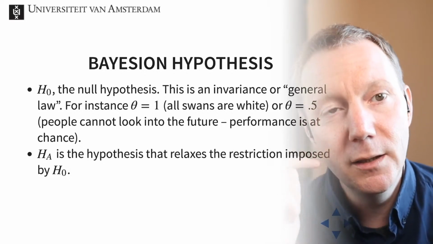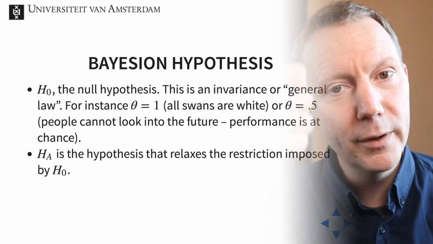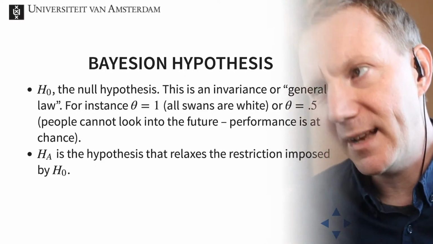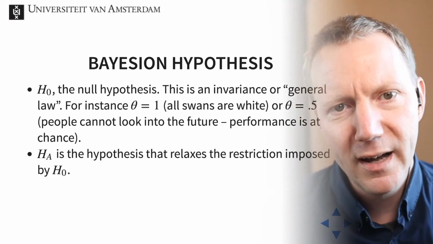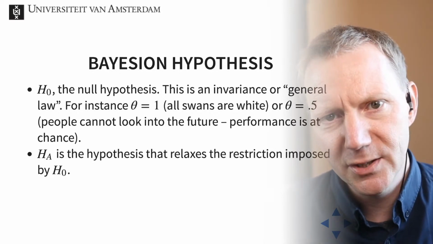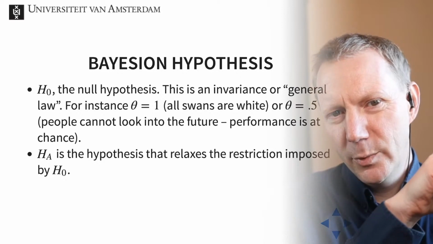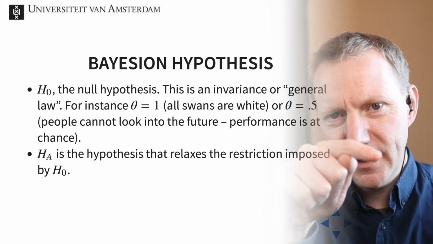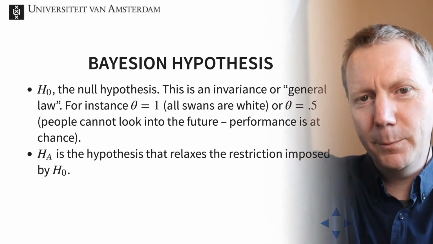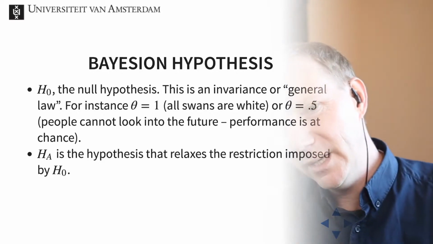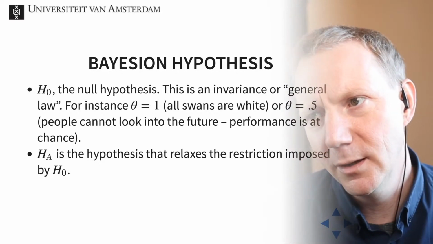So the null state for our coin experiment would say that our theta is 0.5 and nothing else. You could imagine a distribution being totally flat, only peaked at 0.5, and then flat again. That would be the null state.